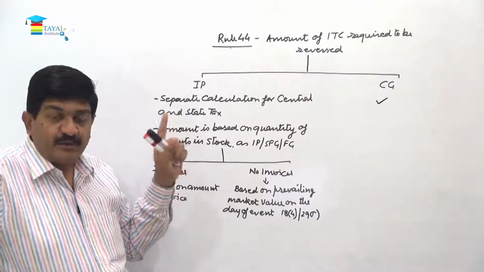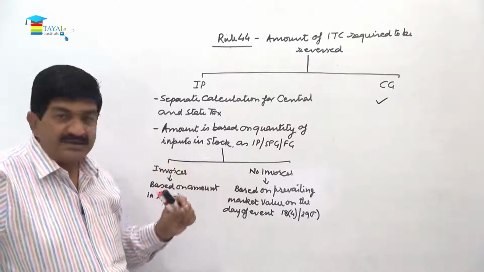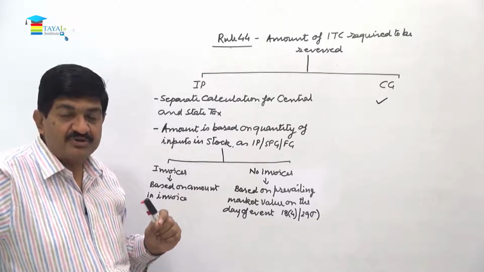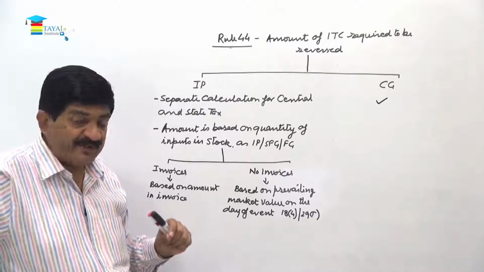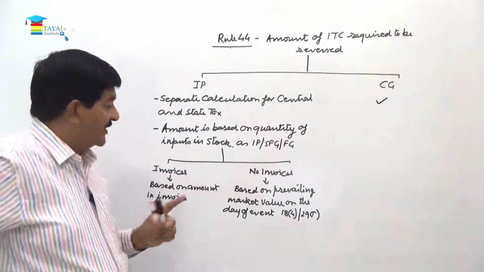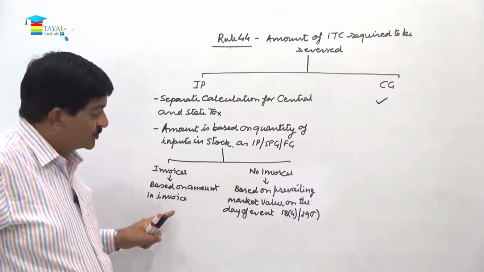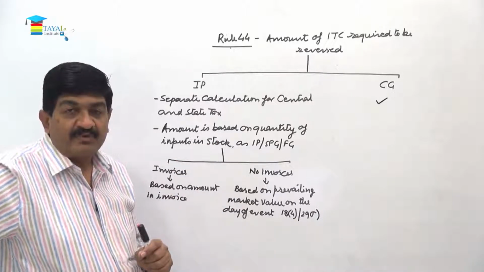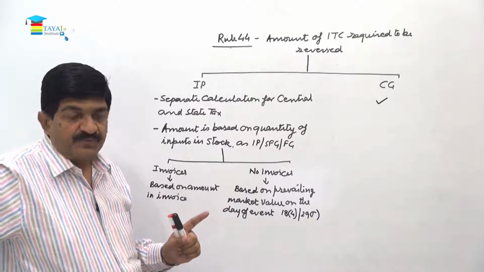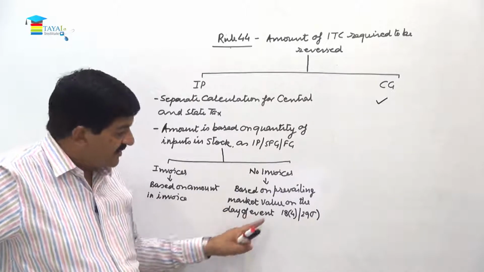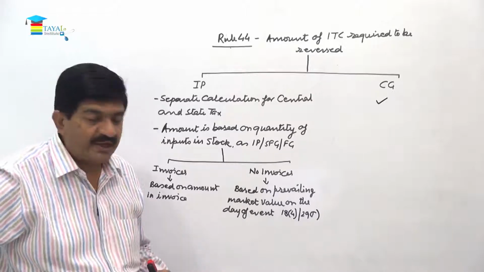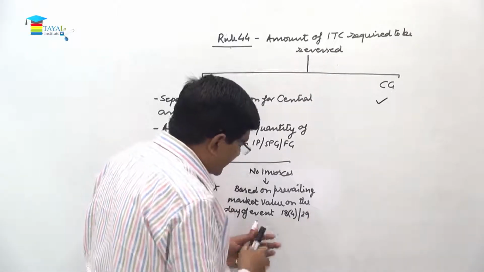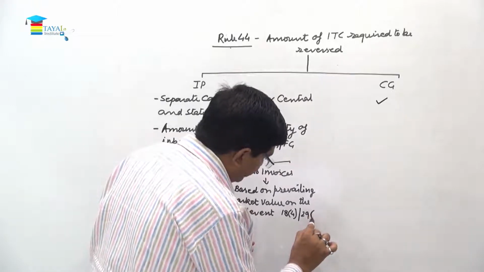So first thing is, calculation has to be done separately for central tax as well as state tax, and it is based on the quantity which is available in stock as on the day on which event takes place. And if we have the invoices available, then calculation is to be done based on those invoices, and if invoices are not there, then we will take the prevailing market price of those inputs on the day of event, and event is as per section 18.4 or 29.5. Right? So this I am writing once again little clearly. This is 29.5.